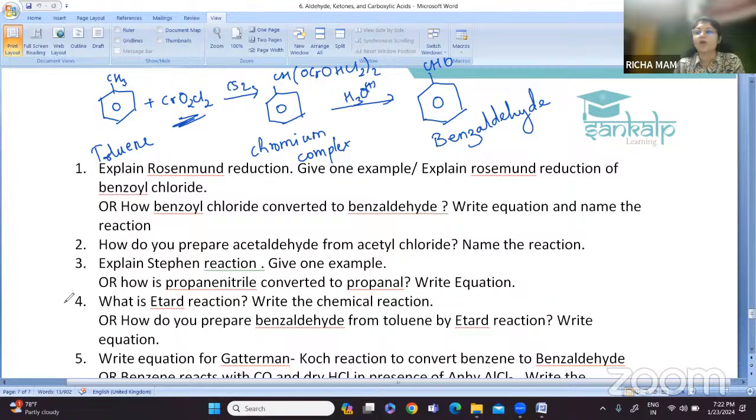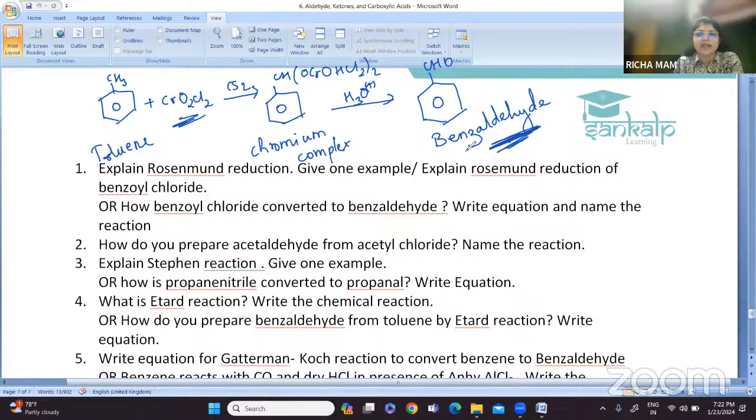Or the other way the question can be asked is: how do you prepare benzaldehyde from toluene? Or, by the Etard reaction, write the equation.